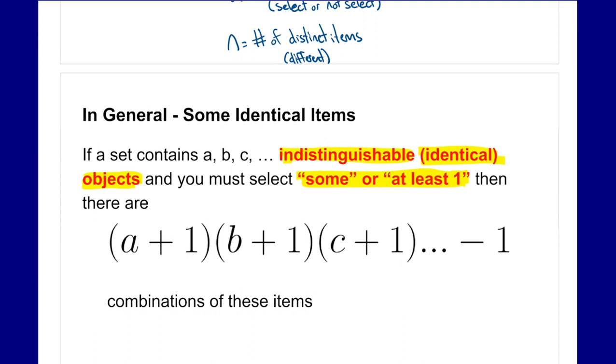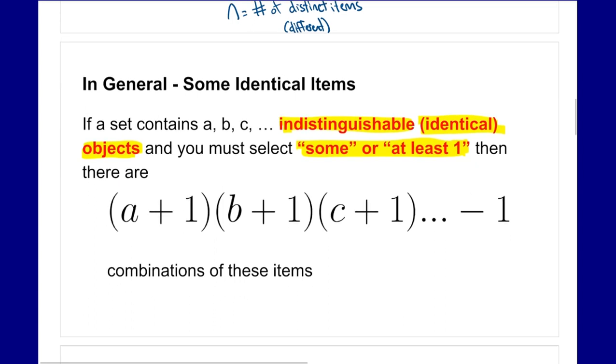We have A plus 1, B plus 1, C plus 1, all multiplied, and then minus 1 combinations. So again, the minus 1 is our null set, or that one scenario where no items are chosen.